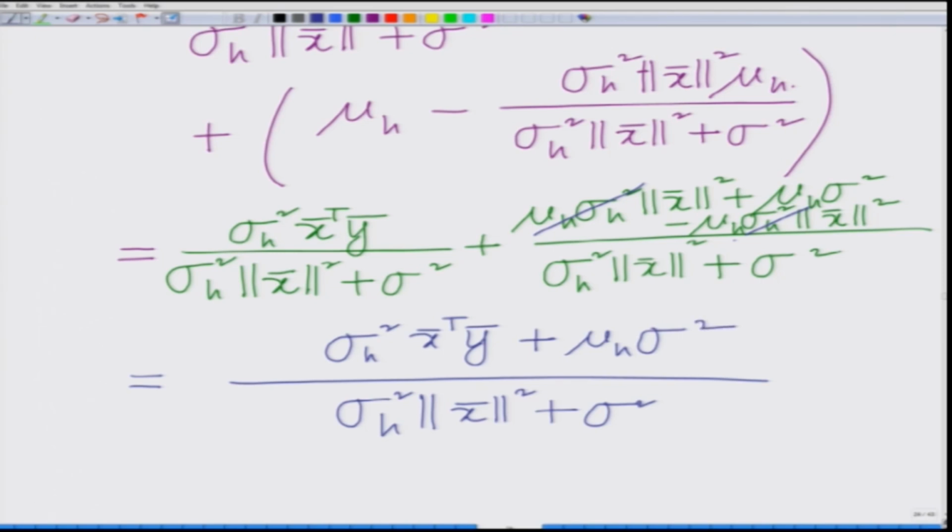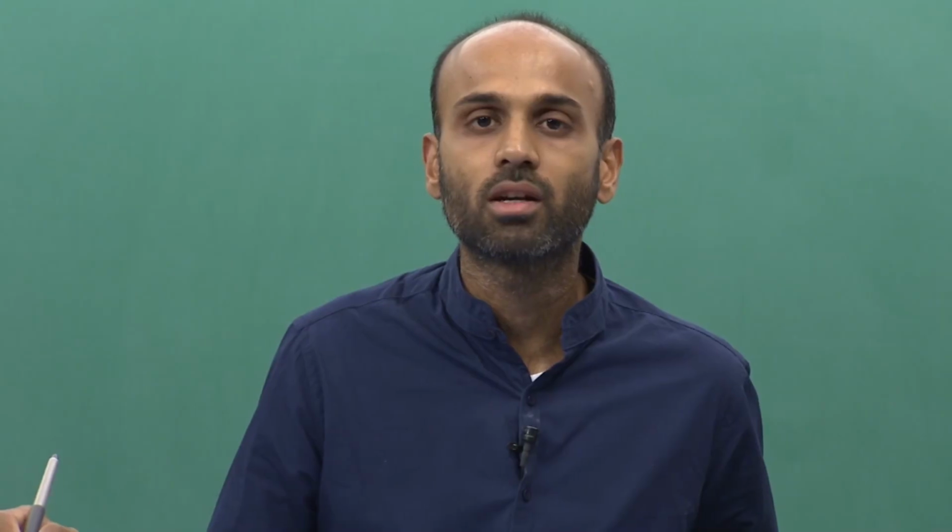Okay. So, this is the simplified expression that you have, sigma h square x bar transpose y bar plus mu h into sigma square divided by sigma h square into norm x bar square plus sigma square.